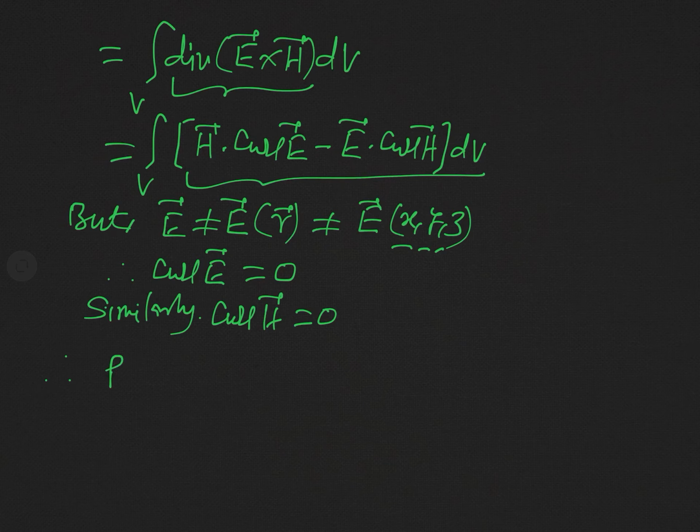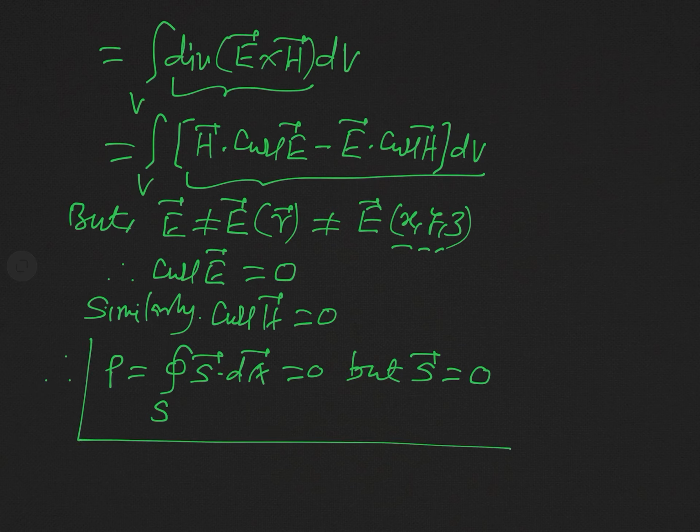And so what we are seeing? We are seeing that the flow of energy through a closed surface per second, which I have denoted by P and which is defined by the integral of S dot dA over S, is equal to 0. But we have taken that the vector S is not equal to 0. So although the Poynting vector is not 0, the total energy flowing through a closed surface is 0.